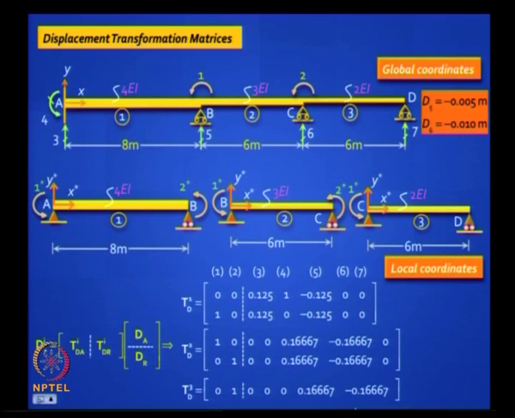The second element in the first beam element will be 1 and the first element in the second beam element will be 1 and the rest will be 0, clear. Now you apply D2, that means this one, D2 equal to 1, you agree this will get affected and this will get affected, which will show up as 0 0 0 1 1, clear.